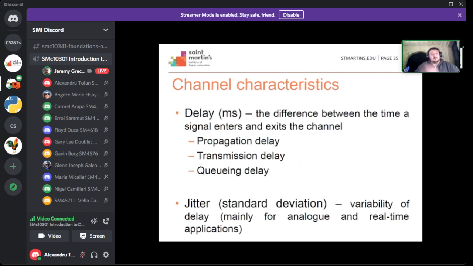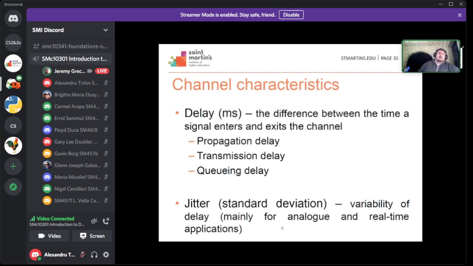Another characteristic that we need to talk about is the idea of delay, in milliseconds. Essentially, the delay is the difference in time between the signal entering the medium and the signal exiting that same medium or the same channel. Now, there can be various different forms of delay. You can have what is known as a propagation delay, so the delay for it to actually propagate through the medium.